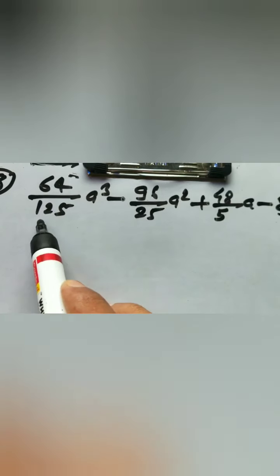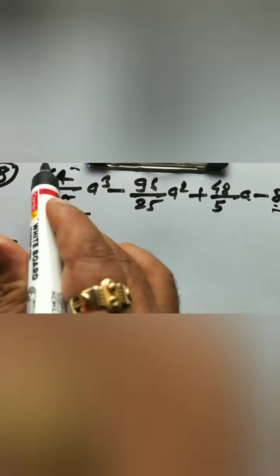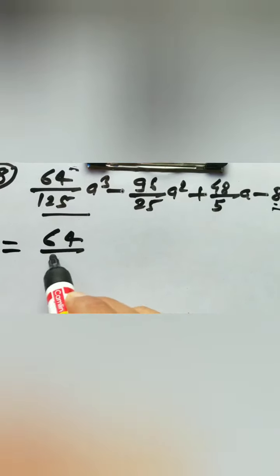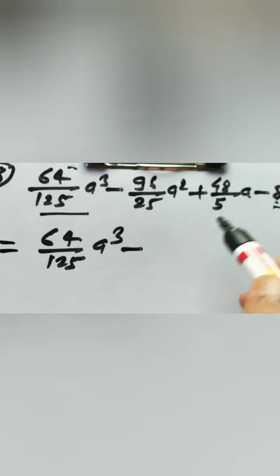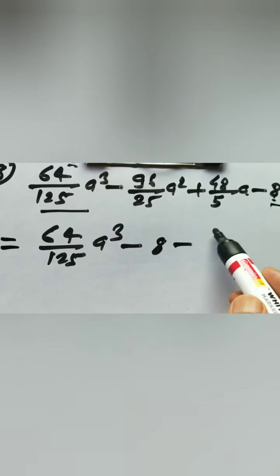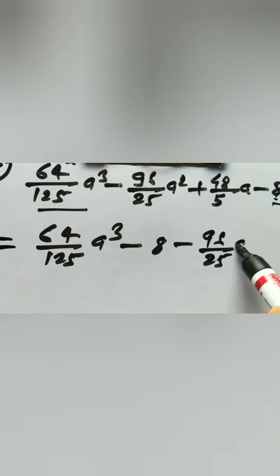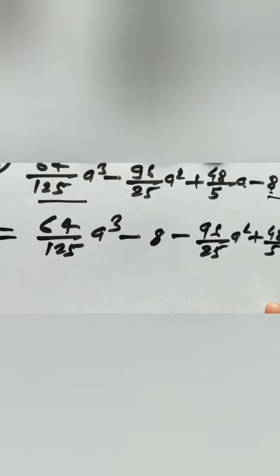So this is a cube and this is your b cube. Okay, so write it as 64 upon 125a cube minus 8, and then 96 upon 25a square and 48 upon 5a.